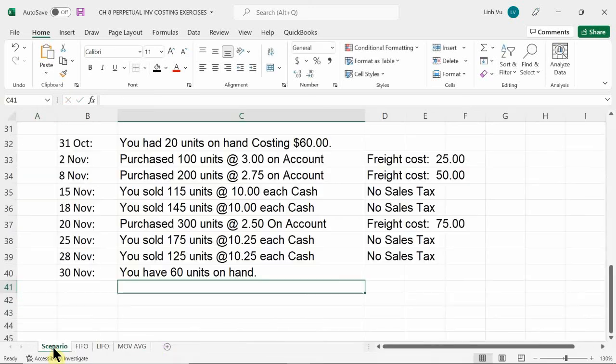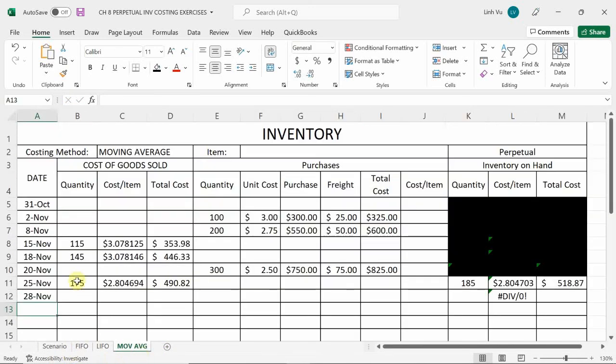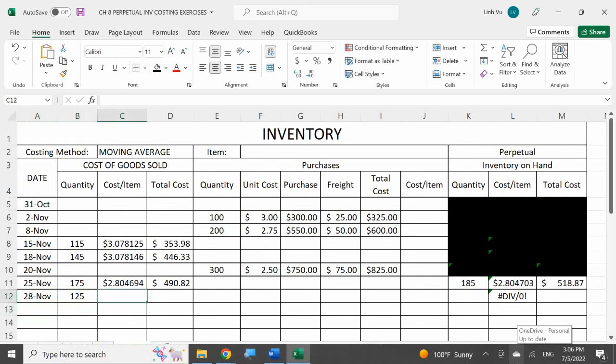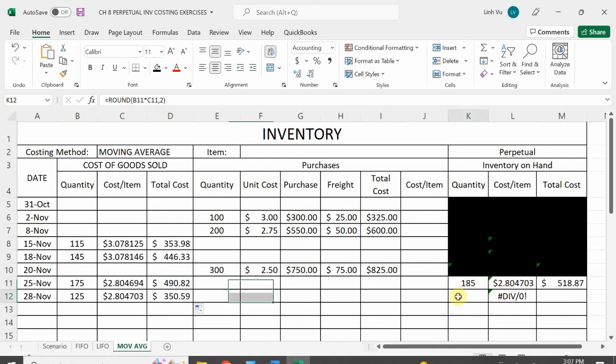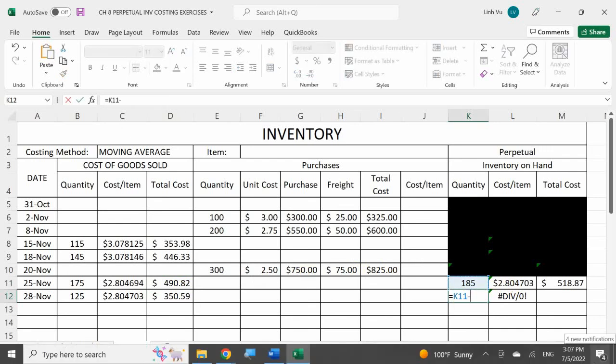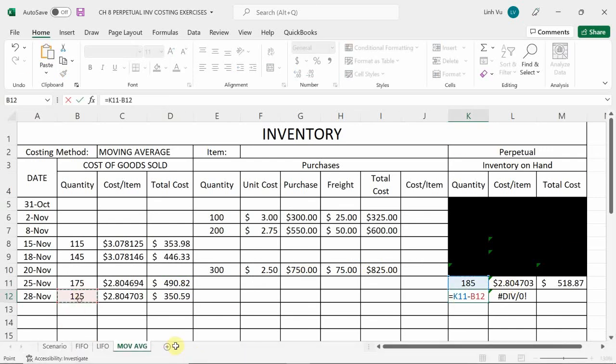At a cost per item of 2.84703, what's my grand total cost of goods sold here? 350.59. So let's subtract that out. If I started out with 185 and I just sold 125, I have 60 units remaining.